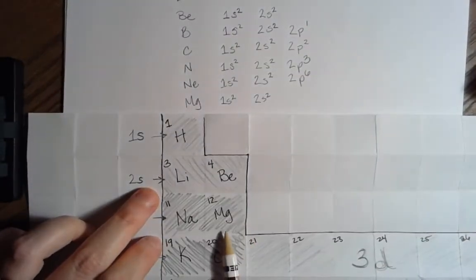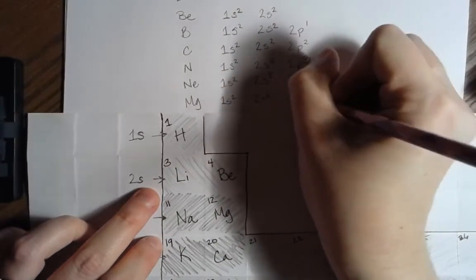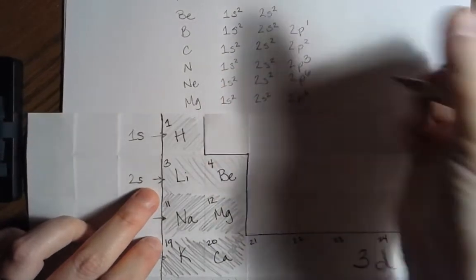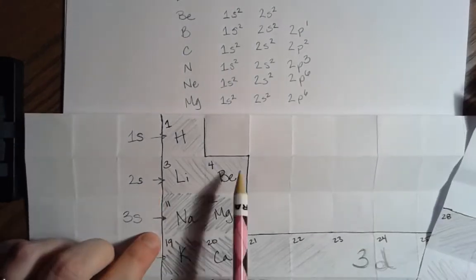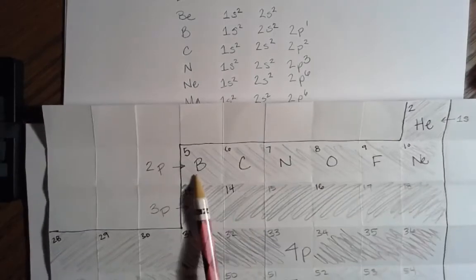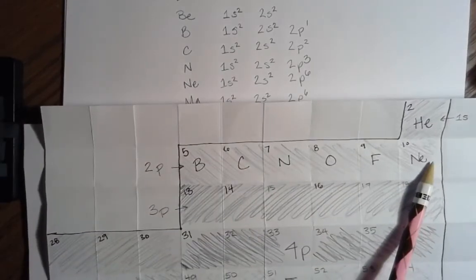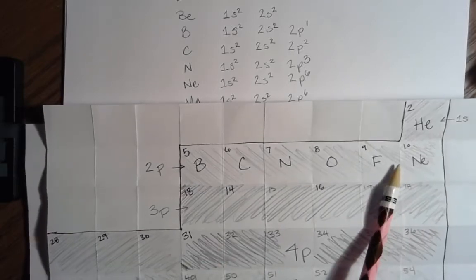Magnesium's down here on the 3rd row, so magnesium's 2p is also full. And if you're not sure, you can count. But magnesium's on the 3rd row, so its 2p is going to have all 6 electrons filled in, because magnesium is bigger than neon, so it's got a full 2p core inside.